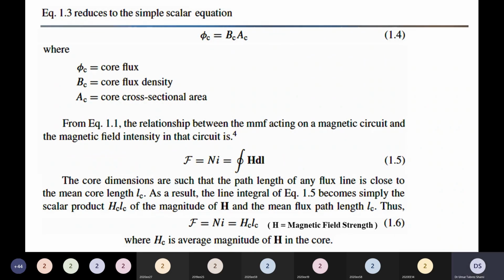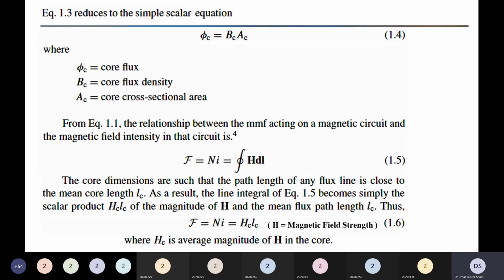That is, MMF is equal to N into I, which is the integral of H dl. What is H? H is the magnetic intensity. B was the magnetic density, whereas H represents the magnetic intensity.